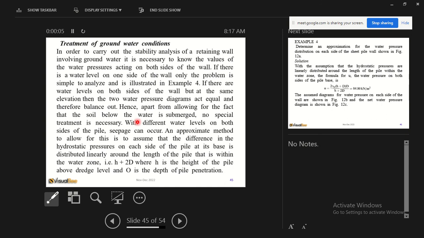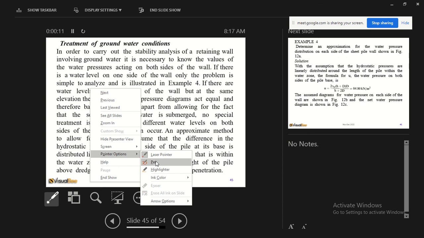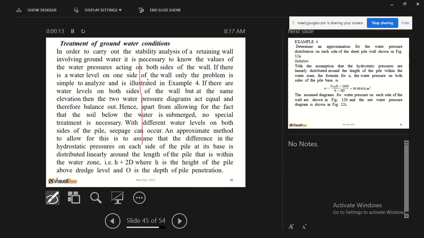All right. So picture this: this will have some higher distribution because of the Z. So gamma water times Z water would be high here.